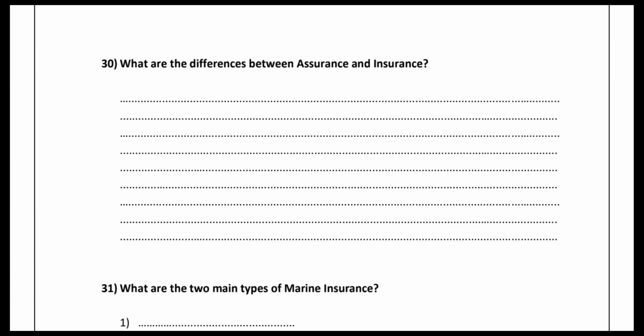Now, if someone has died, it's like saying, after I die, give this to my family. So it's like an insurance. Also under assurance, you have something called annuity assurance. It's a type of policy issued by the insurance company, promising you an income that can last you a lifetime, even after you stop working.